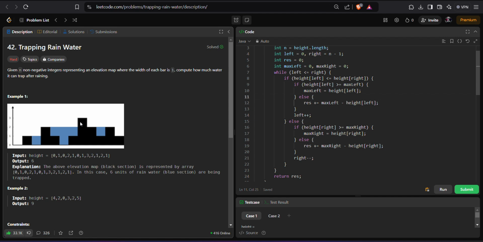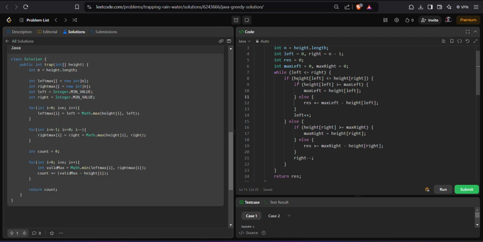That is obviously bigger than the left max, so we will update it. Why? Up till now whatever water was stored was due to this, and it has been accounted for. Now the new height appeared, which means this will be the minimum, and this will not account for new water, so new water will not be added. So we will update the new left max, because this updated left max will help us in the next iterations.